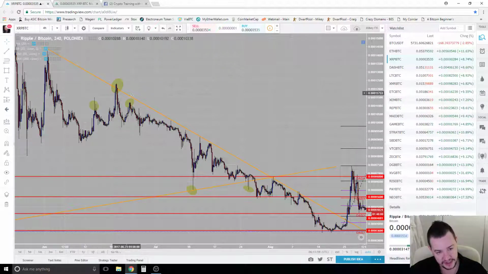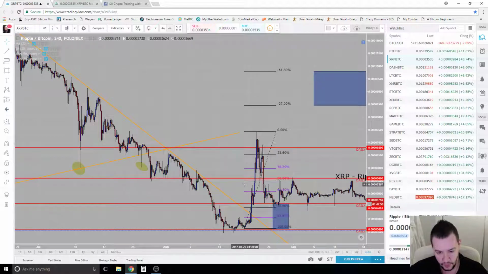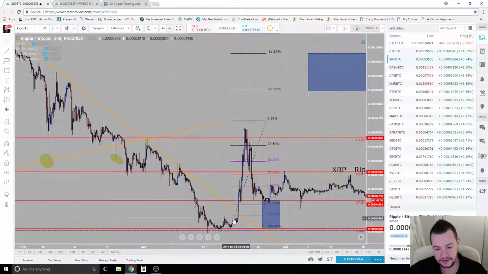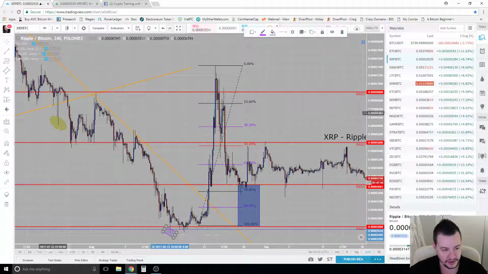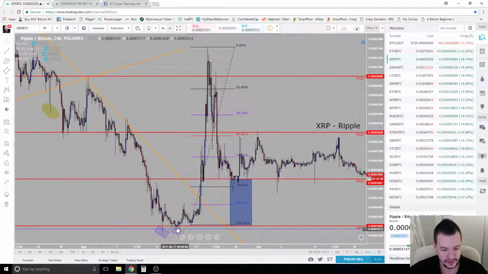Okay, and as you can see, price has broken down, once we've broken out of that trend line. Combined with down here, just to go over some analysis, we've got a double bottom forming here from a 4-hour perspective. We've got a double bottom and we've got a support line.